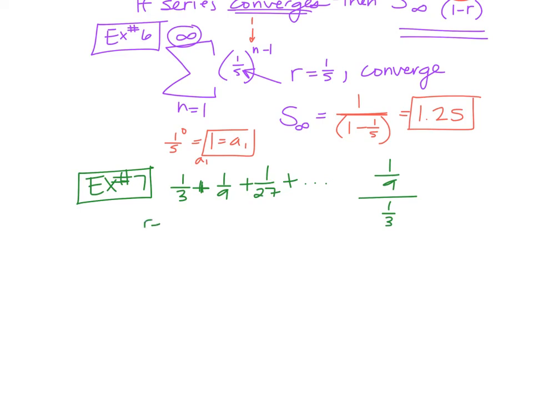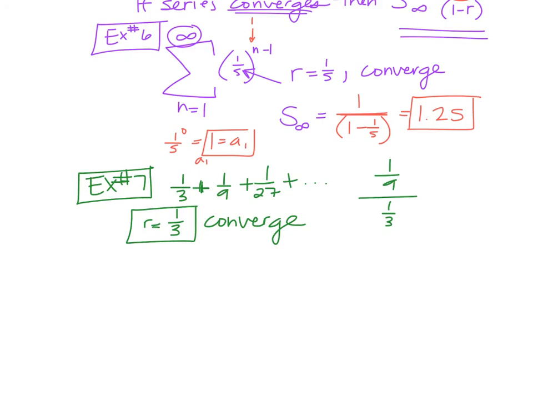But if you look here, if I take 1/3 and I multiply by 1/3, I get 1/9. 1/9 times 1/3 is 1/27. So our common ratio is 1/3 actually. Okay, so because it's 1/3, this will converge as it's between 0 and 1.